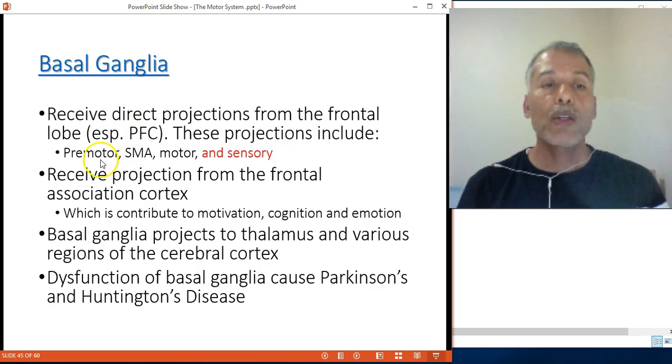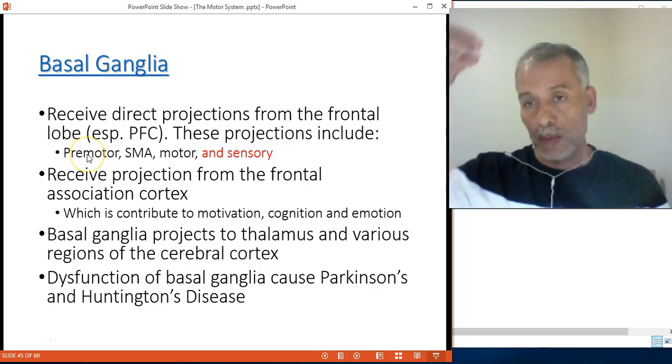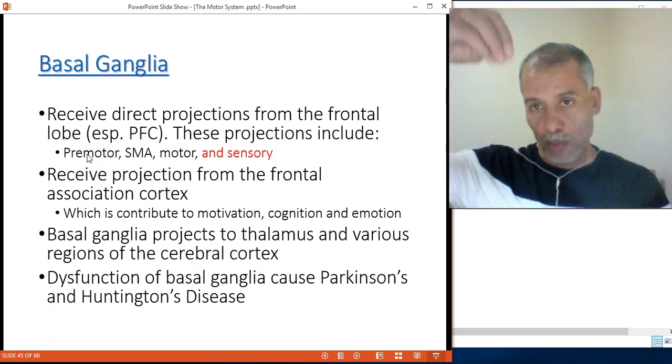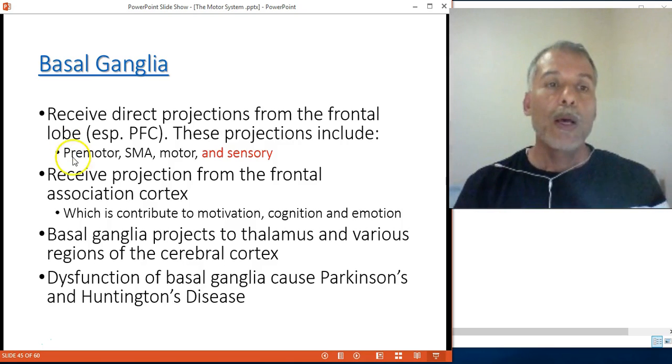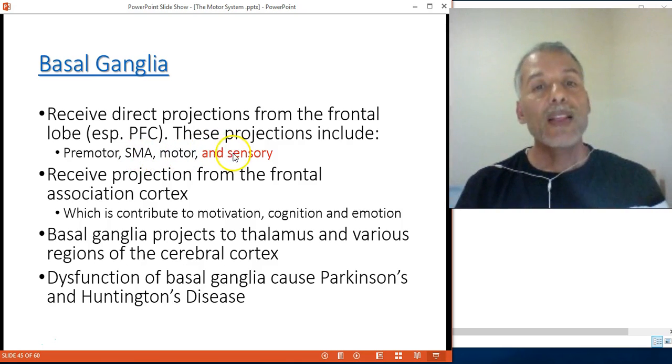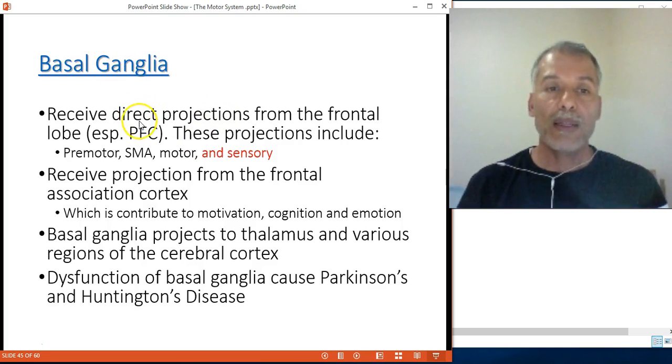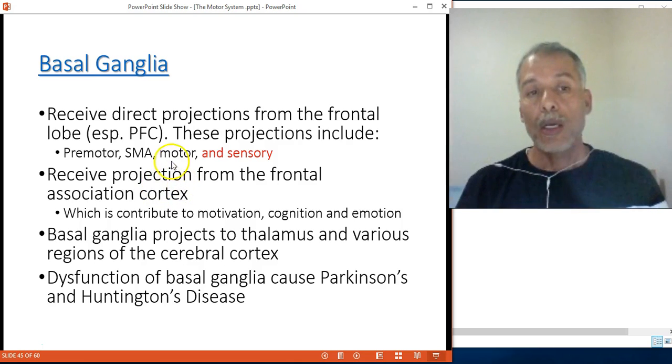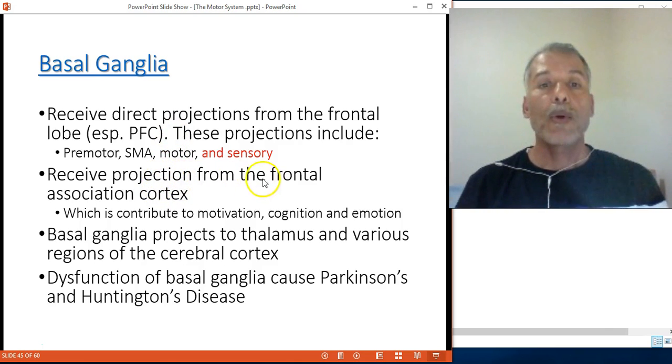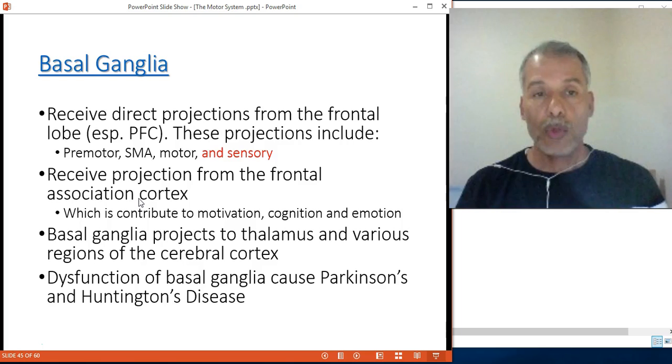And these projections, projections meaning signals and pathways that go down, include the premotor area, the supplementary motor area, the motor area, and the sensory area. All of these are connected with the basal ganglia. The basal ganglia receive projections or extensions from the frontal association cortex.